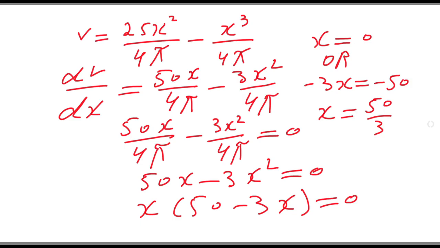Now we must remember, he said earlier that x must be greater than h. So we got two values, x equal to 0 and x equal to 50 over 3. We need to choose one. In the question statement he said x must be greater than h.